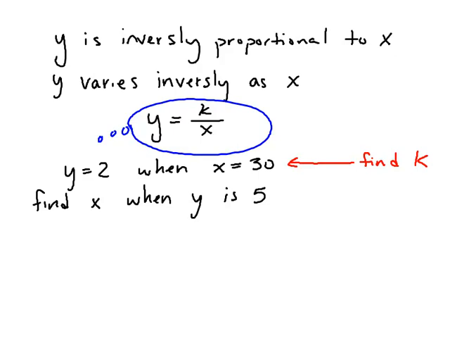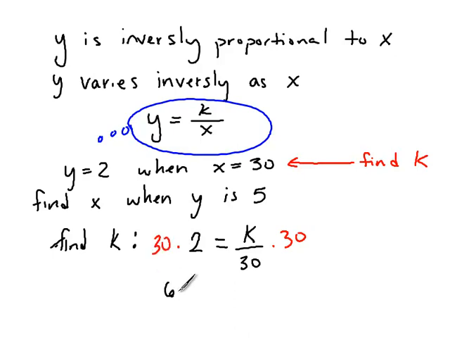So let's do that first. First we're going to find k. To do that, we plug in y equals 2, we don't know k, and x is 30. So to solve for k, we're going to multiply both sides by 30.